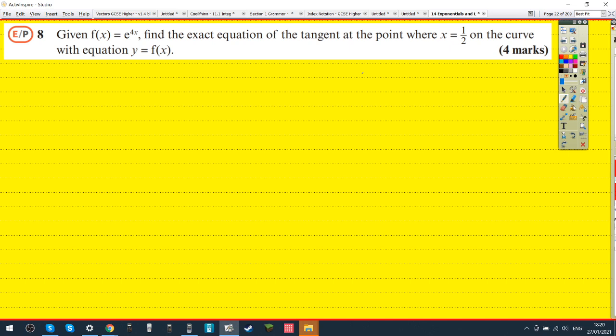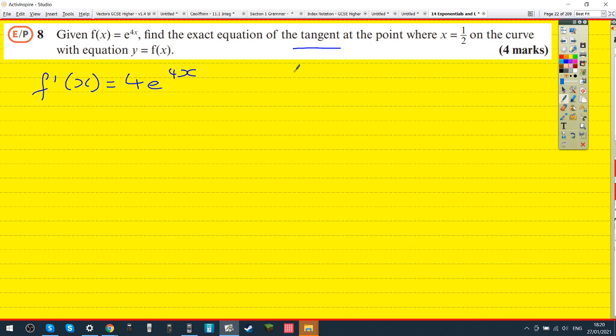Given, okay. So still differentiating e to the 4x. 4e to the 4x. And then from then on, I'm not too sure. It's the equation of a tangent. What do you know about that?